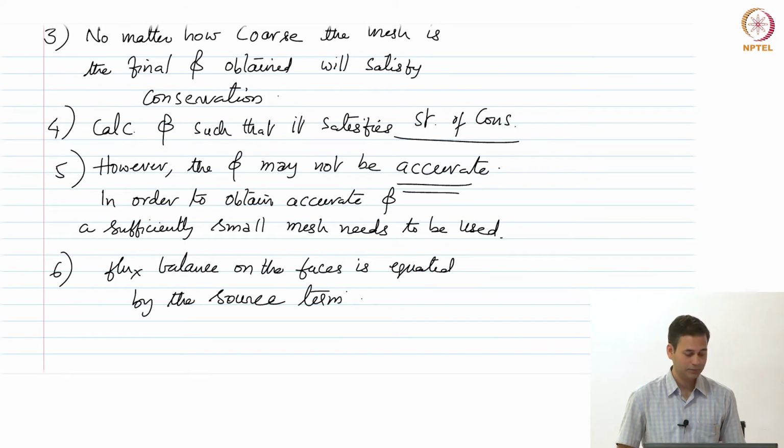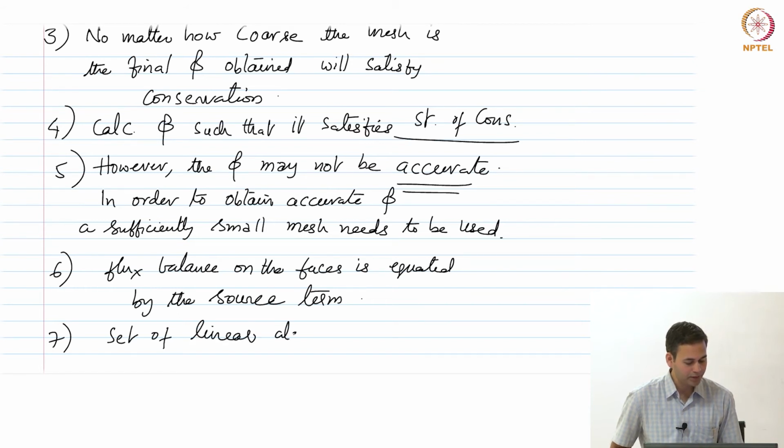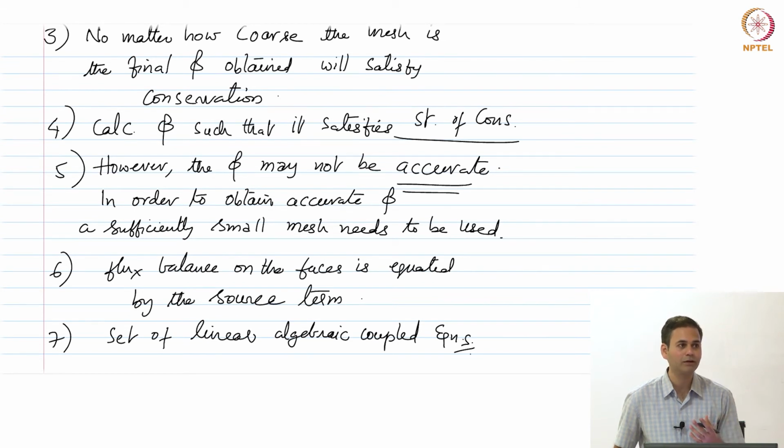Now again, because we write these things for every cell, we essentially ended up with a set of linear algebraic coupled equations, because whatever is phi east for one cell would be phi p for another cell and phi west for another neighboring cell. So these are all coupled. So essentially we ended up with a system of linear equations.